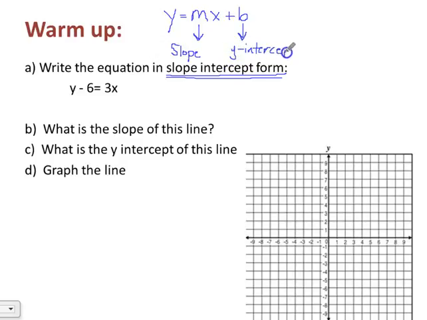Where are you crossing the y-axis? Remember that vertical axis right here when you graph your line. The slope, remember, tells us rise over run. That's what slope tells us.